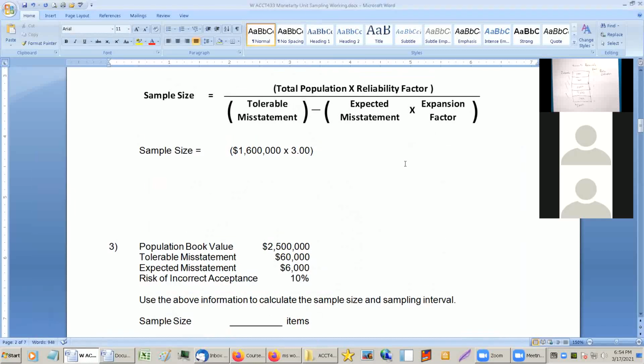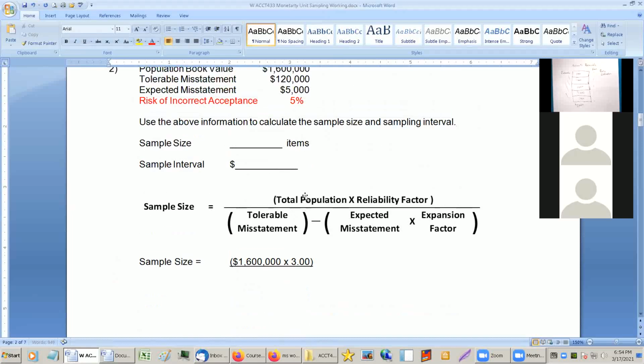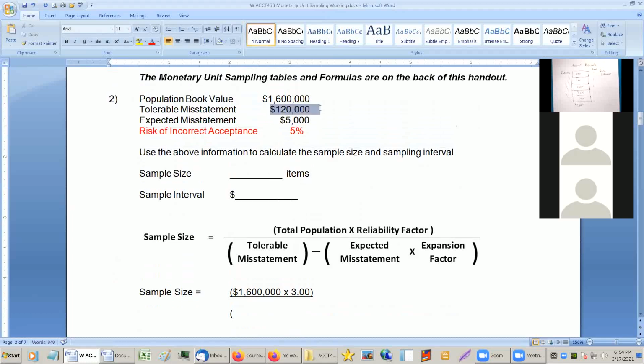We're going to divide that by the tolerable misstatement, so whatever the account is here. The tolerable misstatement is 120,000.